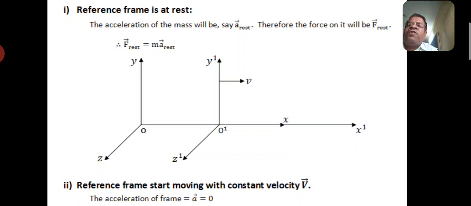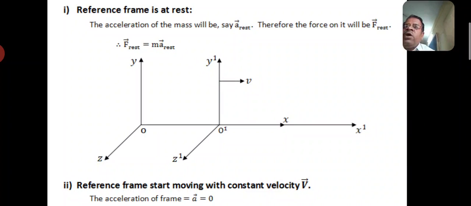Therefore, the force on it will be F rest equals m into a rest. That is, we are assuming that the frame is at rest. Therefore, mass into acceleration of the body, a rest, when the reference frame is at rest.